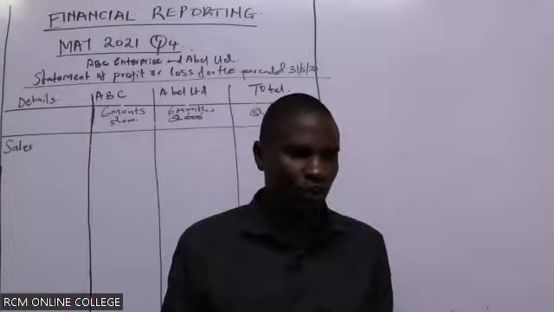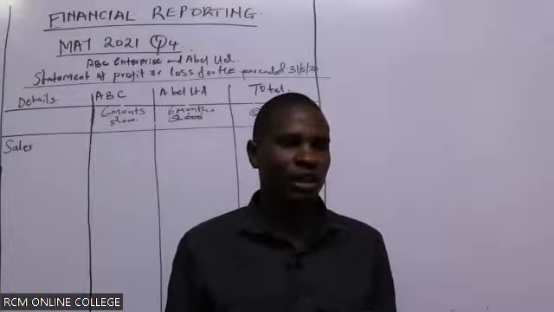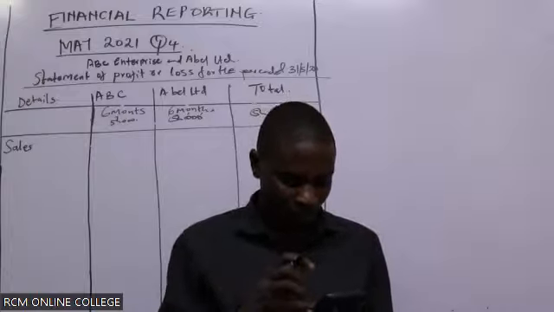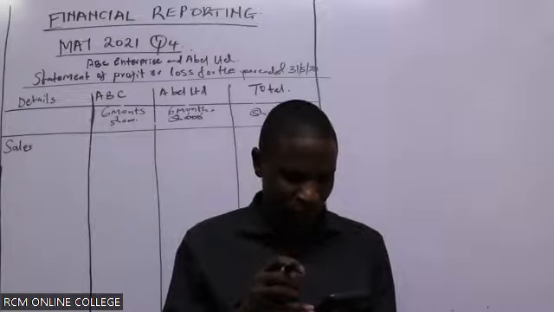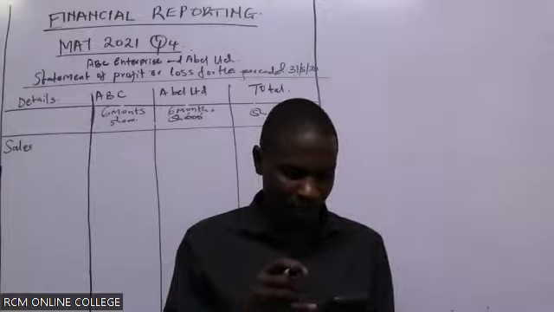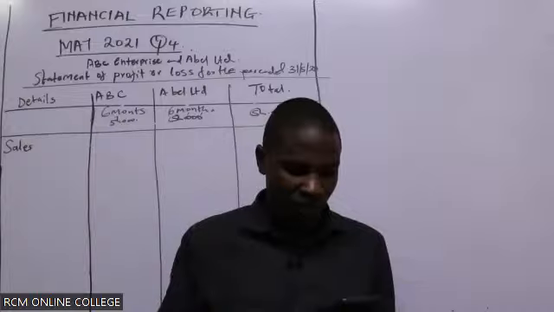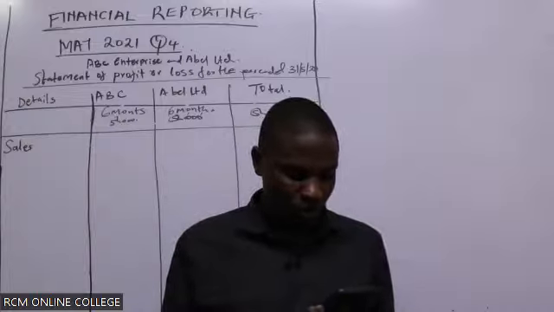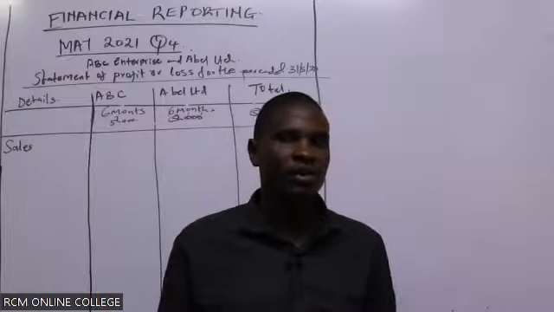Look at additional information number 3. We are told that the sales during the second half of the year after conversion were 50% above that of the first half. However, the gross profit percentage remained the same throughout the year.